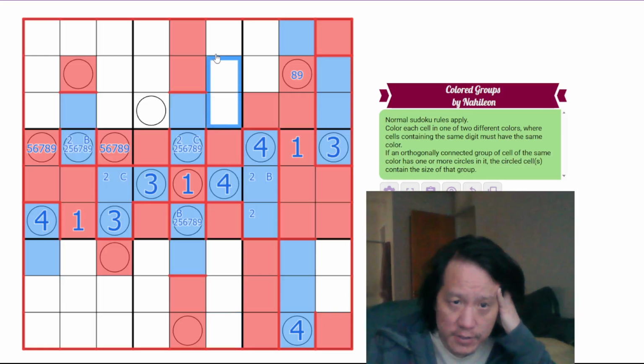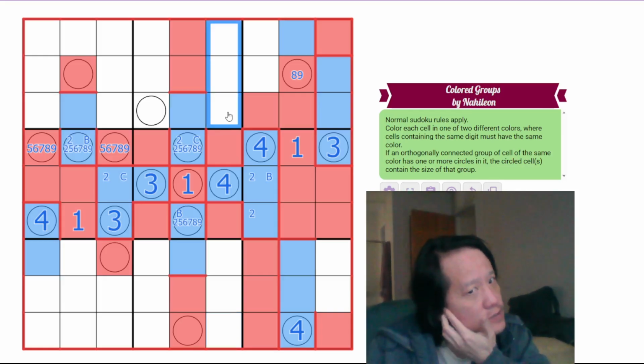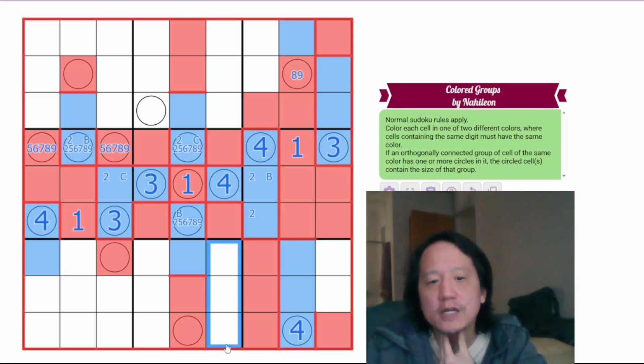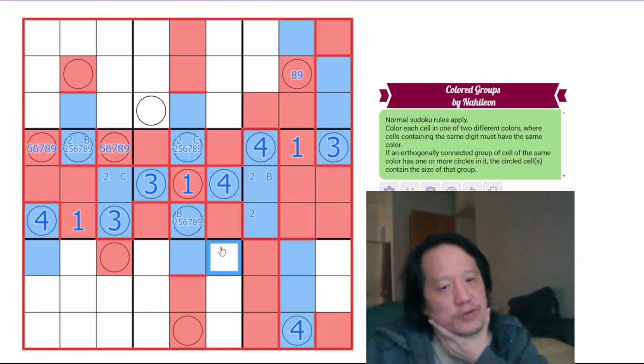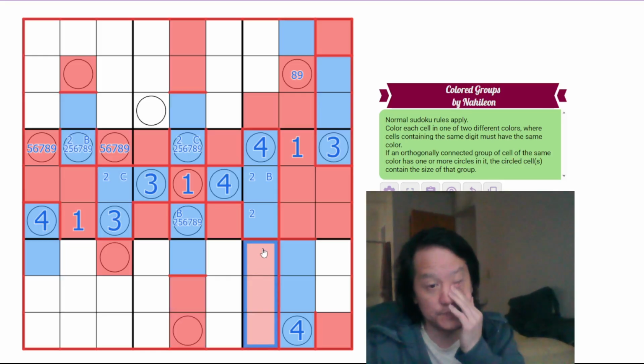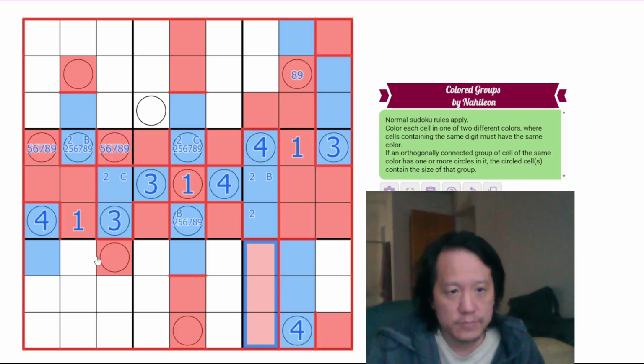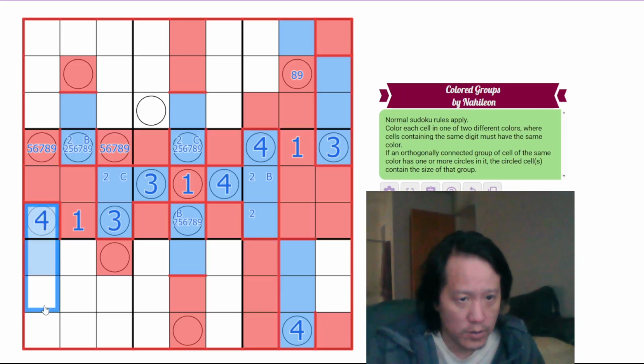So we're guaranteed 1 blue in column 6. Okay. So this cannot be 3 blues there. But it could be blue-blue here and this is red. So this doesn't have to necessarily connect with that region. This is 4.